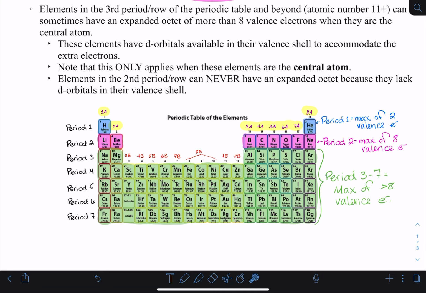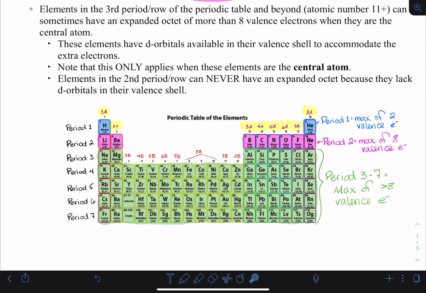Peripheral atoms will never have expanded octets, and they will almost always have exactly a filled shell of valence electrons. It's very rare that they're incomplete. But when you have no place else to put your electrons, if your element is in periods 3 through 7, you can put more than 8 on your central atom and it's totally fine.